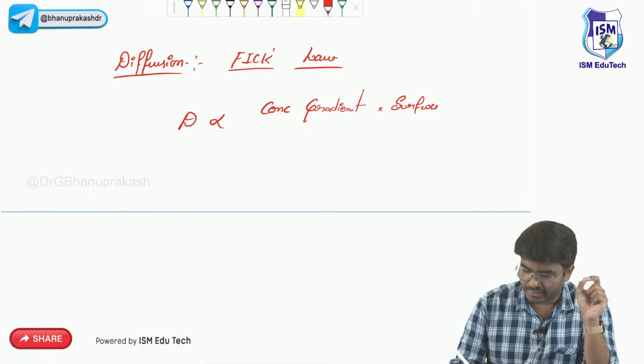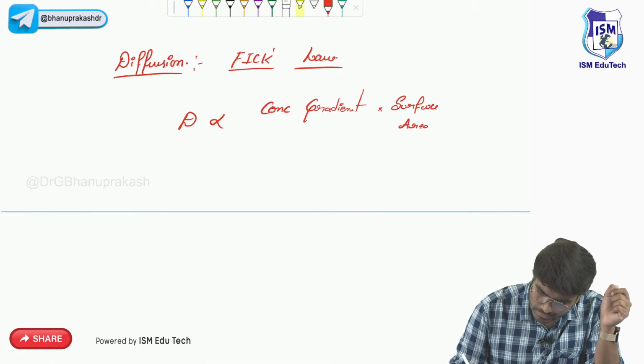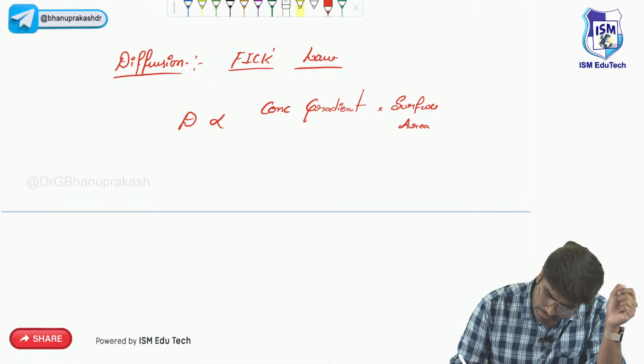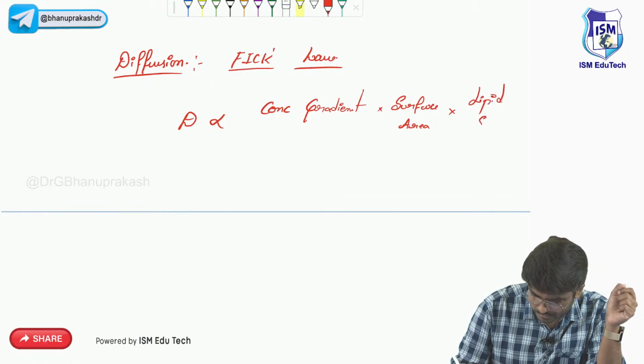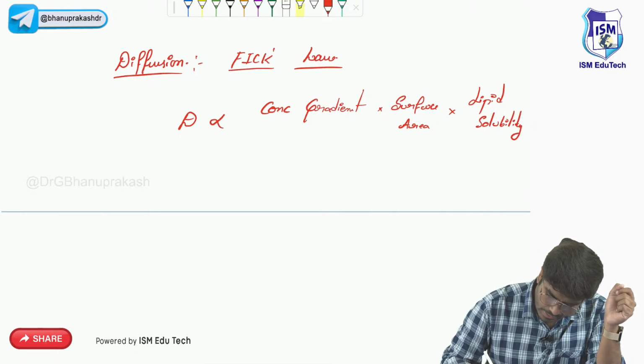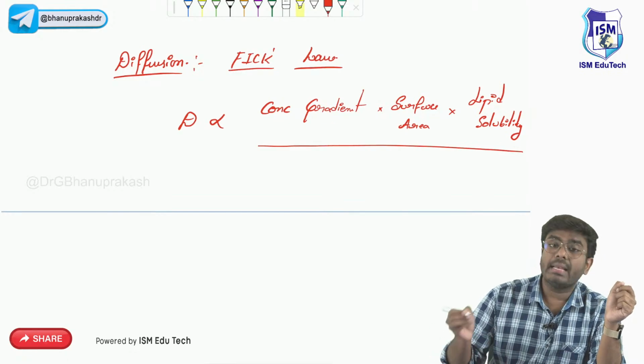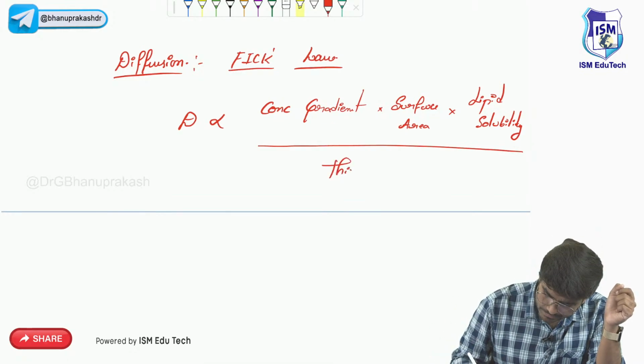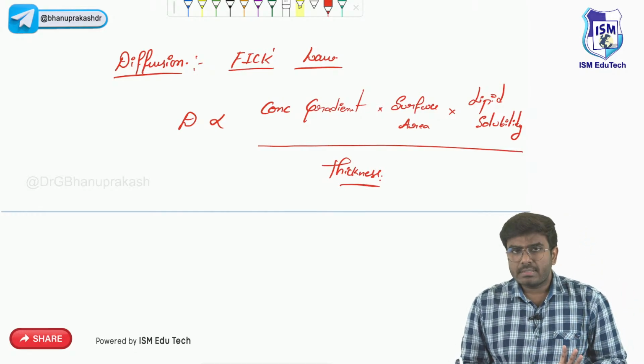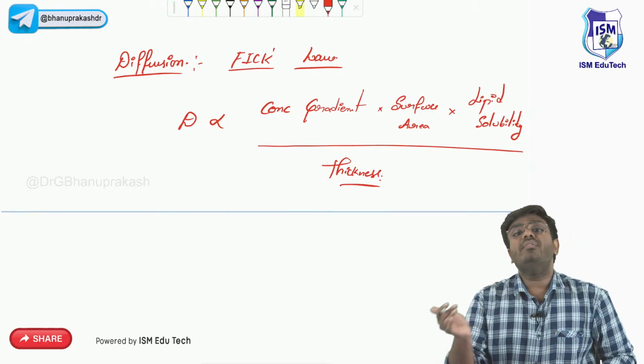Don't worry, I will explain in detail. Diffusion is also directly proportional to lipid solubility, and inversely proportional to thickness. So Fick's law explains which factors diffusion depends on.